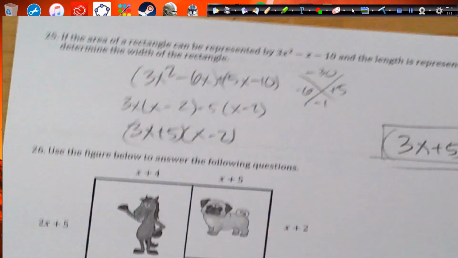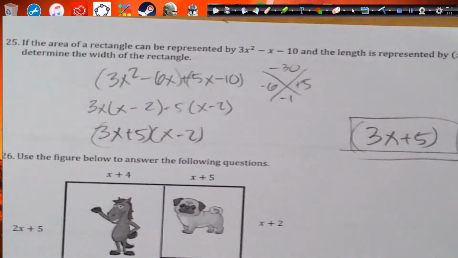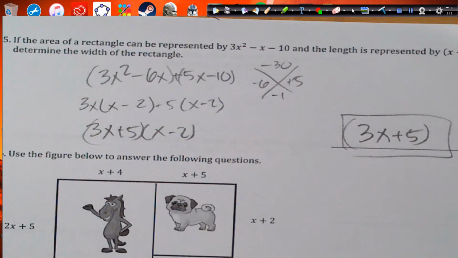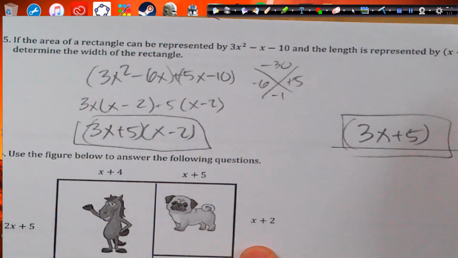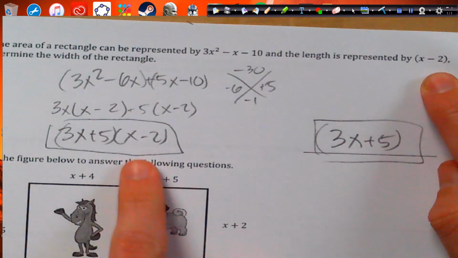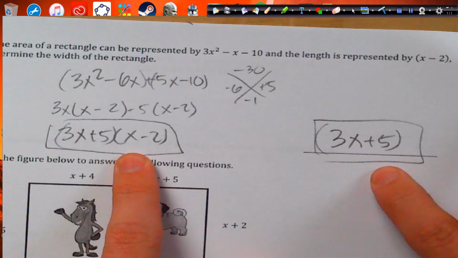Okay, number 25, this rectangle has the area of this with its length x minus 2, to determine the width. Well, if I factor it, I end up getting these two pieces here, and the length is x minus 2, so what is the width? It's got to be the other piece.